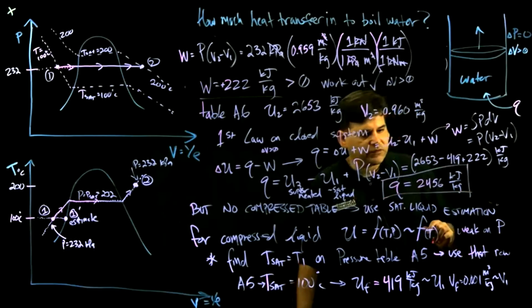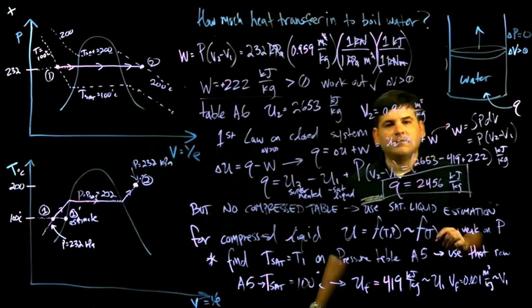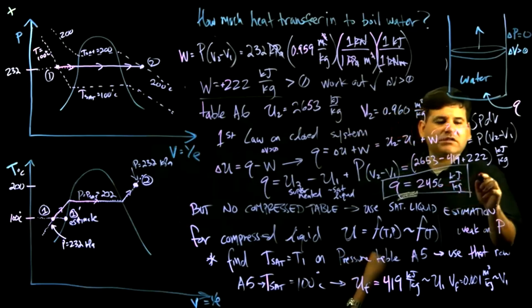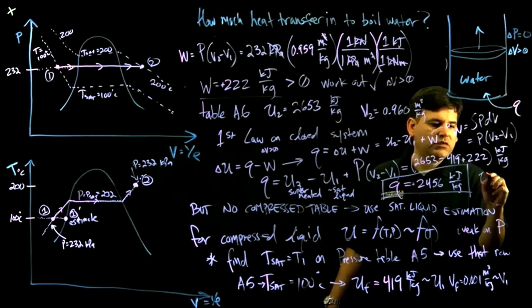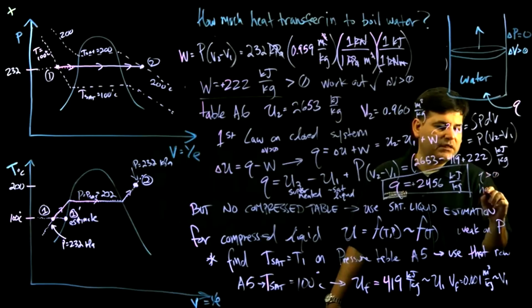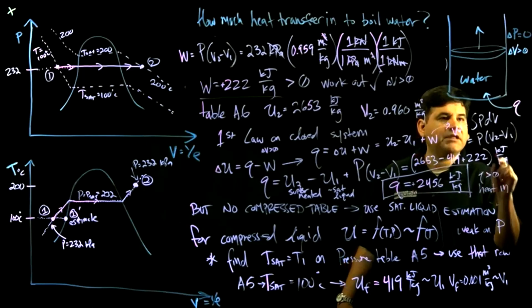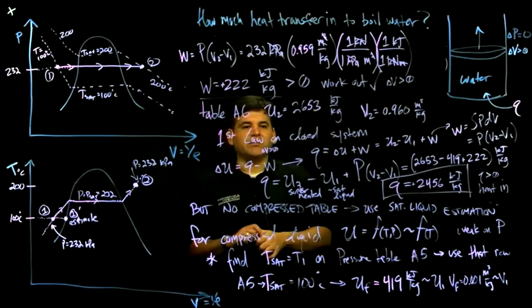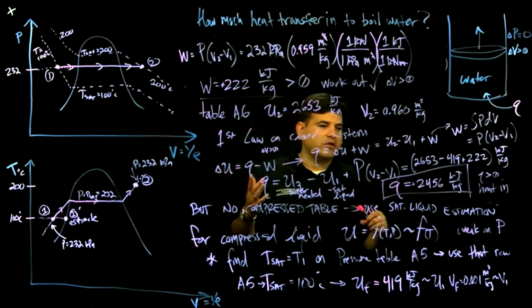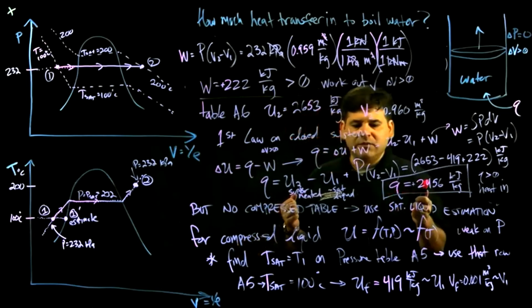To work out the logic as well, this is a positive number. So Q is greater than 0, that means heat in. That makes sense because to boil water, you have to put energy in through heat transfer. So that worked. All these numbers popped out.